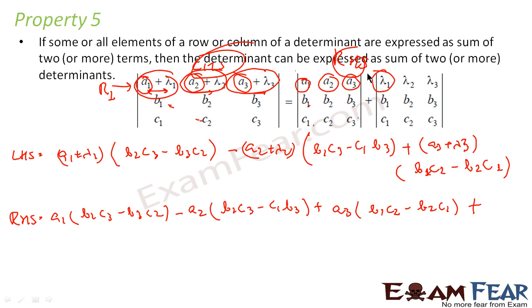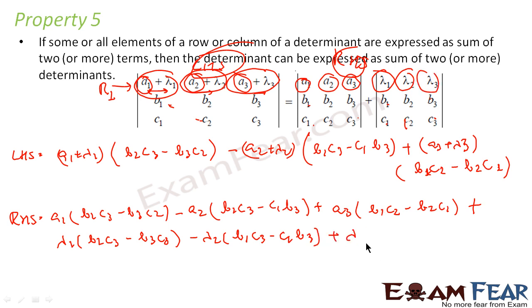I'll take gamma 1 into B2 C3 minus B3 C2, again minus because the second element has i plus j odd, minus gamma 2 into B1 C3 minus C1 B3, plus the third element gamma 3, since I took gamma 3 I can't take column 3 and row 1, left with B1 B2 C1 C2, so it is B1 C2 minus B2 C1.